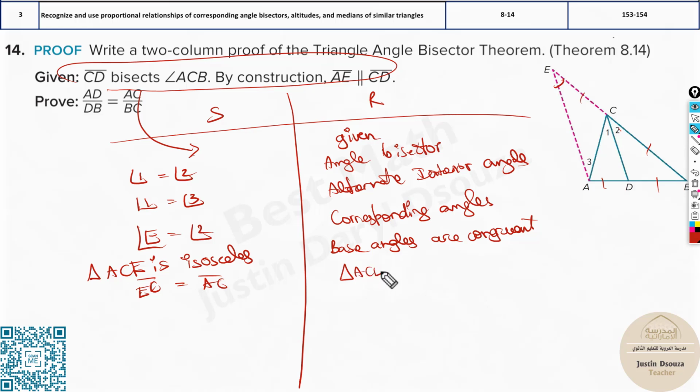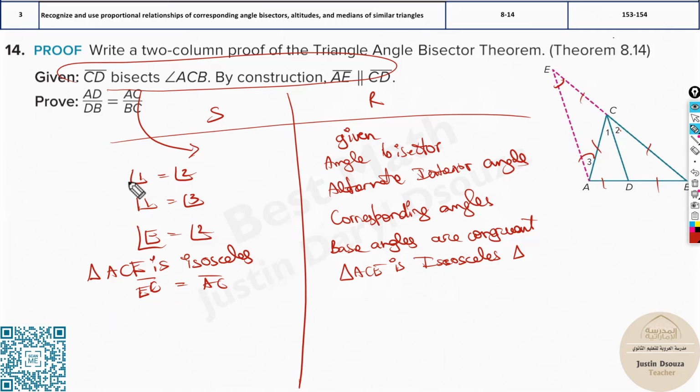Triangle ACE is an isosceles triangle. Or you can write converse of the isosceles triangle theorem. That's also the same thing, because we know if base angles are equal, then the sides are equal, and that's basically the converse.